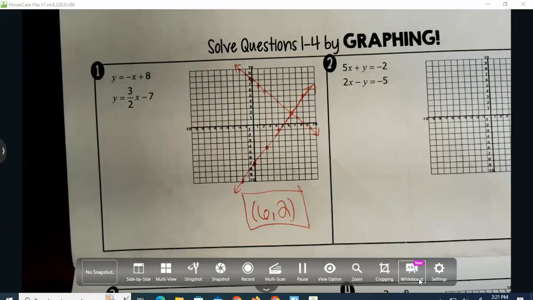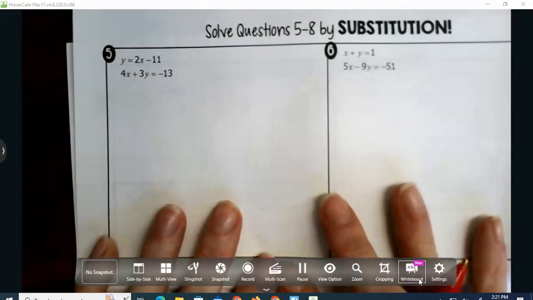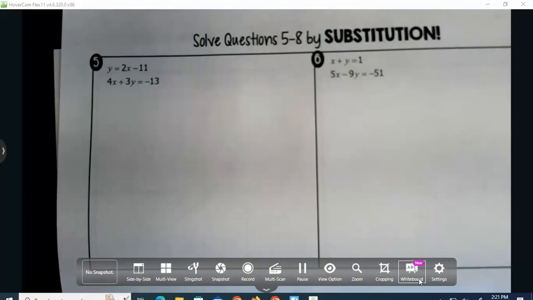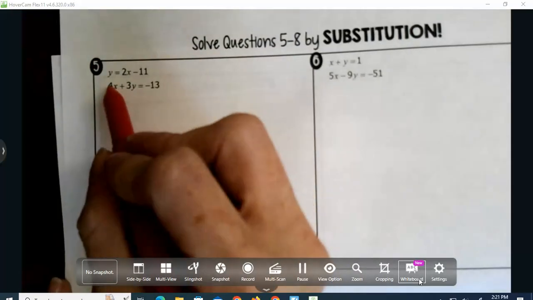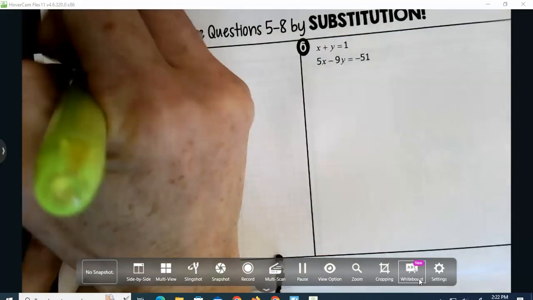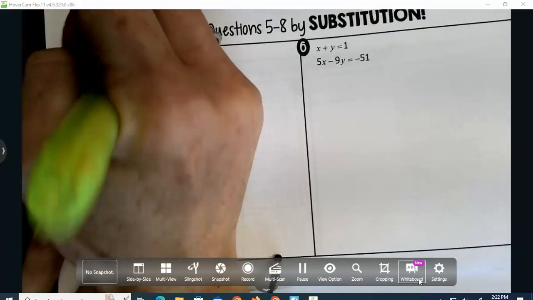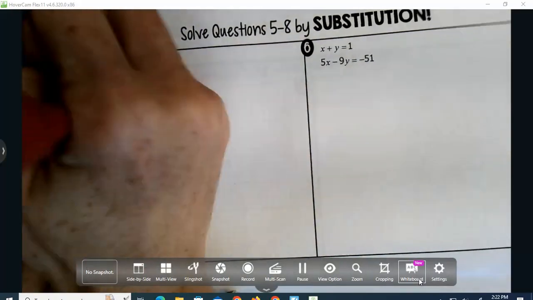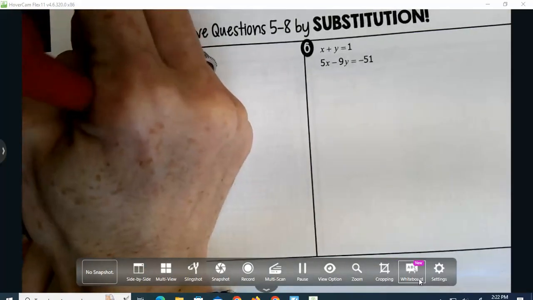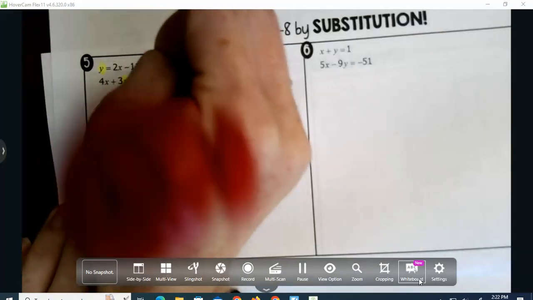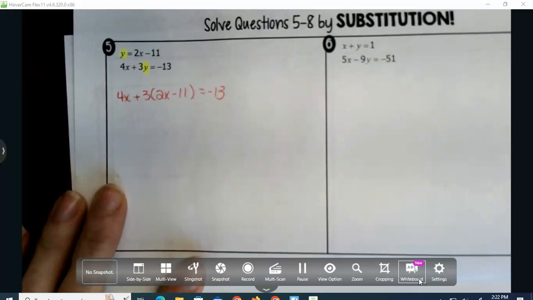Let's do a substitution. So how does substitution work? Right. The first one is y equals. So I'm going to use that y to replace the y in my second equation. I would get 4x plus 3 times, instead of y, I'm going to put 2x minus 11 equals negative 13.